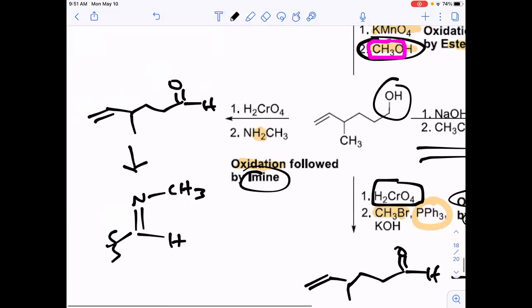I'll just abbreviate it. So that plus water, right? Because you know your nitrogen can only have 3 bonds to it, so that's why we have to take off one of them. So you end up losing both protons, and that's how you get water to leave as a leaving group, because both of those protons end up on oxygen.